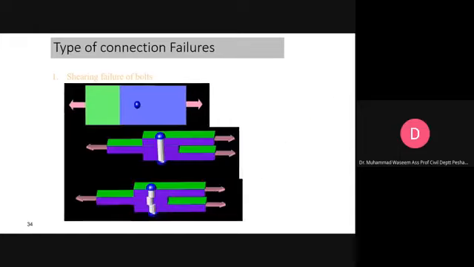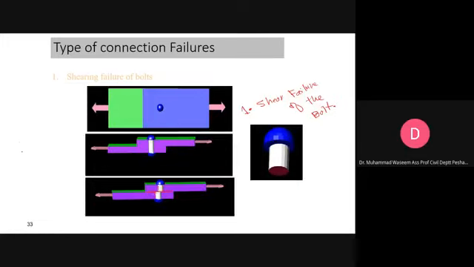The second, this is a butt joint. Now this is shear failure of the bolts, but just remember, in case of a lap joint there is one shear plane.